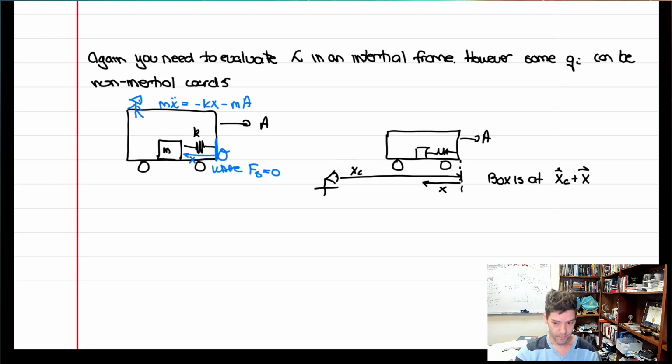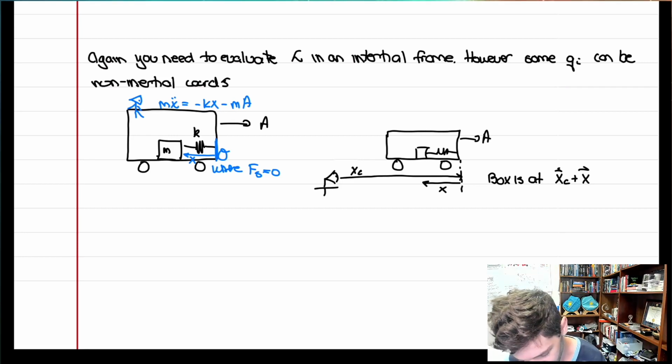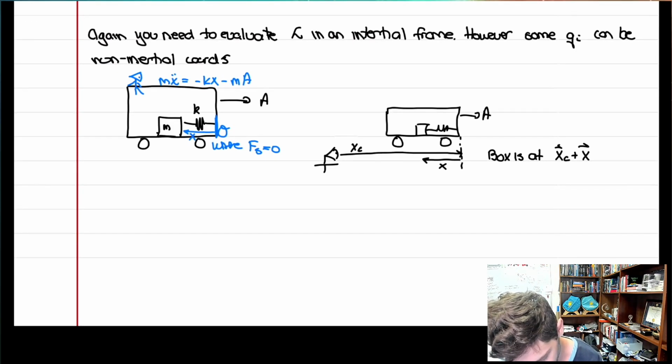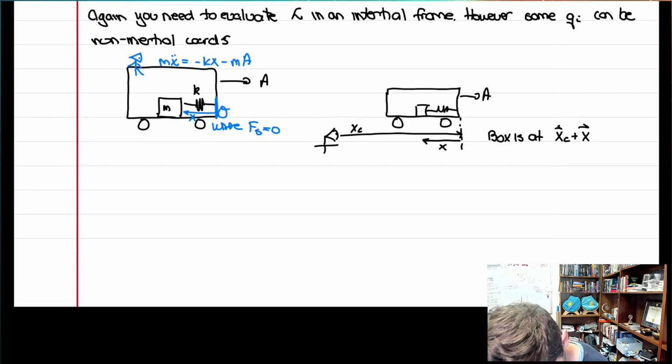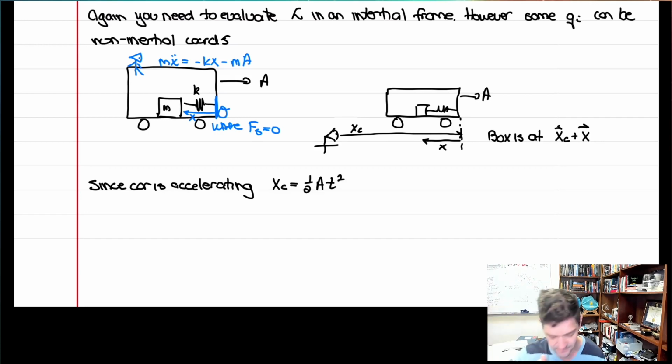These aren't two separate coordinates though, because the position of the car, if it's accelerating forward, we can write down a formula for the position of the car moving forward. Since the car is accelerating, you might write that x sub car is 1/2 a t squared, or something like that. At t equals 0, the car is right at the same position you are, and then it's moving to the right.